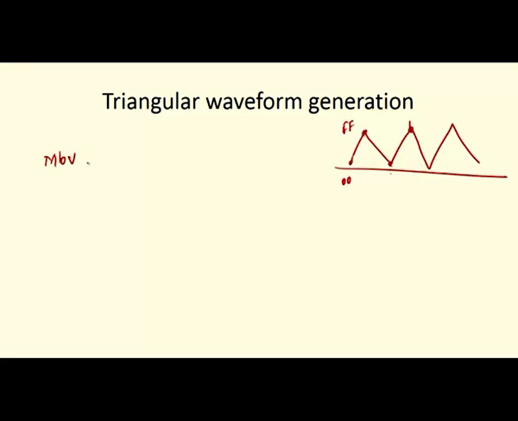First I have to initialize the starting value, MOV A, #00H. After that, whichever port you want to use, suppose port 0, you can MOV P0, A. After that, call delay.